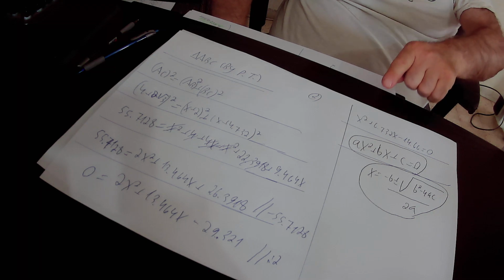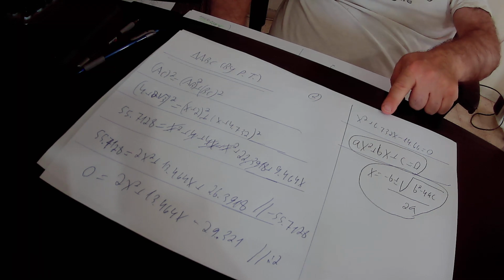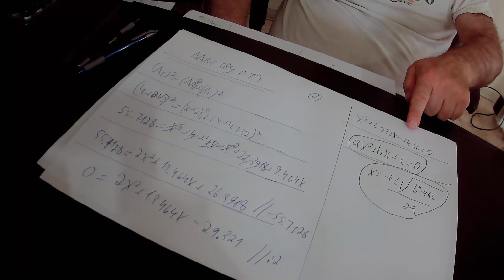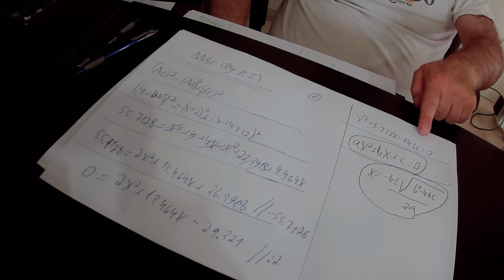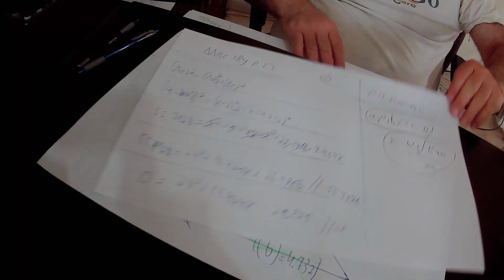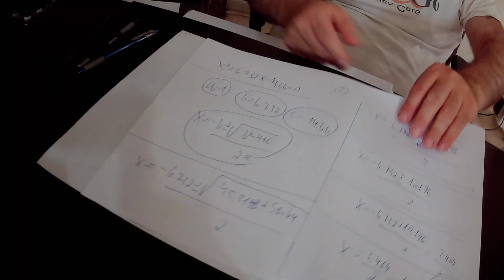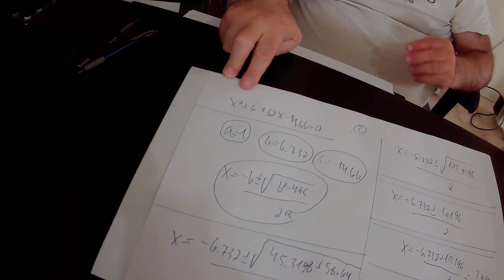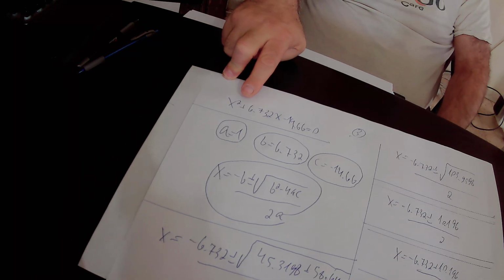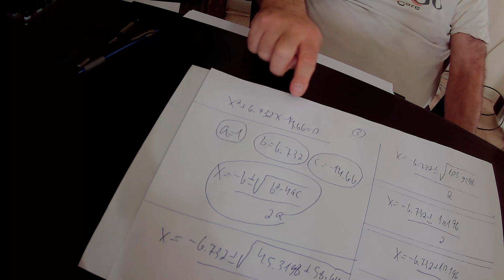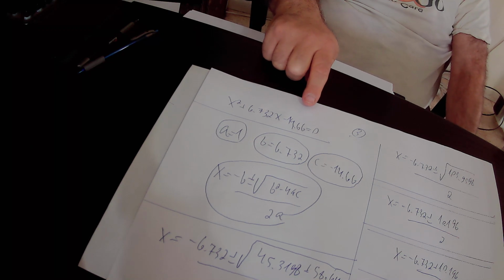In our specific quadratic equation, x squared plus 6.732x minus 14.66 equals 0, the coefficient a equals 1, the coefficient b equals 6.732, and finally the coefficient c equals minus 14.66.